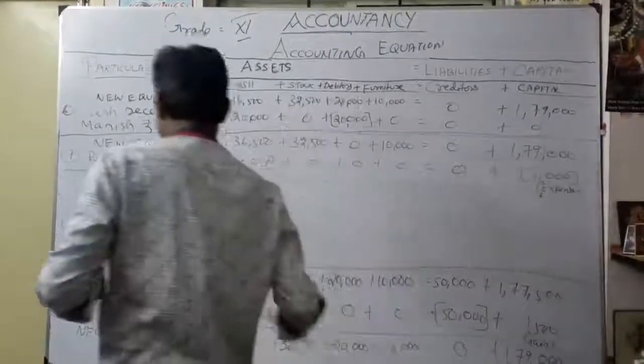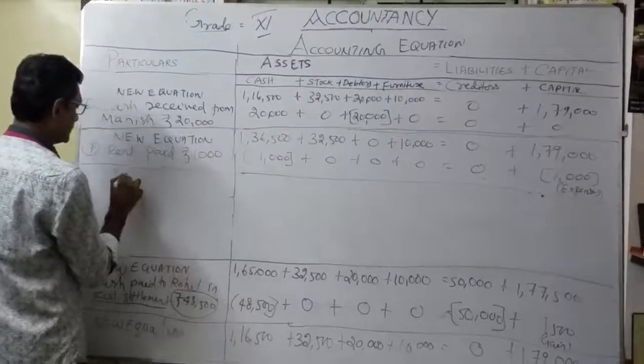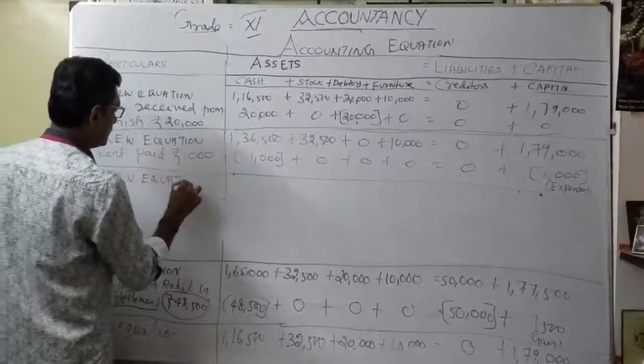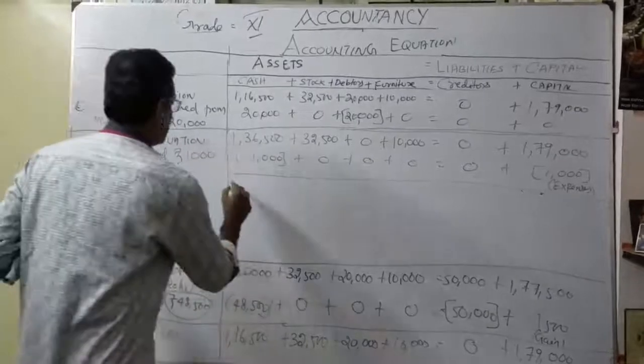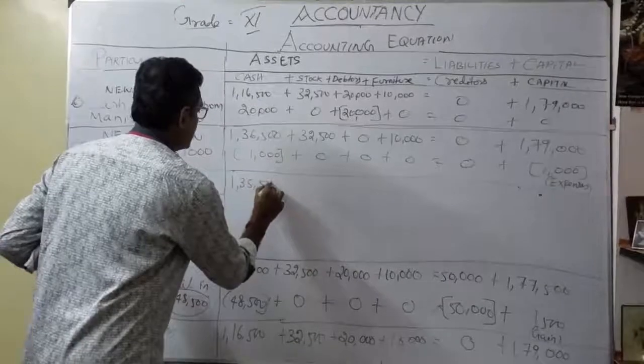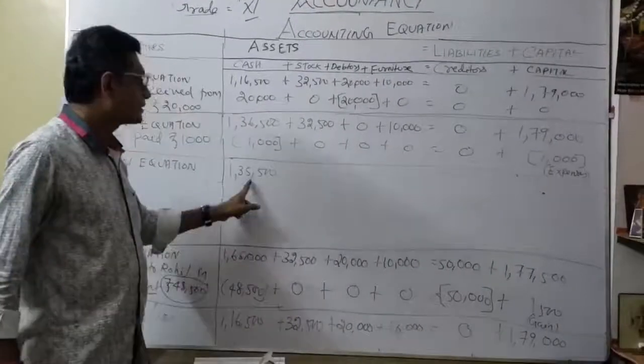The new equation. So every time we have to write a new equation. How much? So 136,500 now becomes 1,35,500, correct. That's the cash right now.